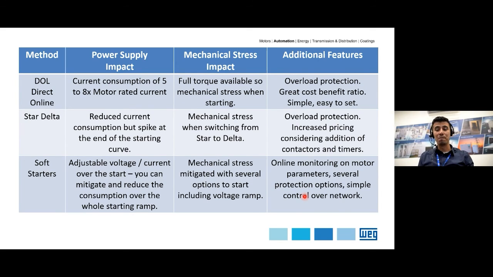So you're getting a big improvement on the way you're operating your application itself, because it's visible to you on this SCADA system. You have communication, but that comes with a price as well. So in the price comparison, this would be the less cost-effective option.